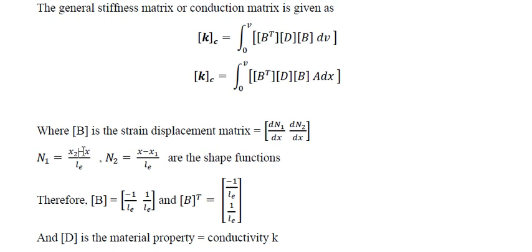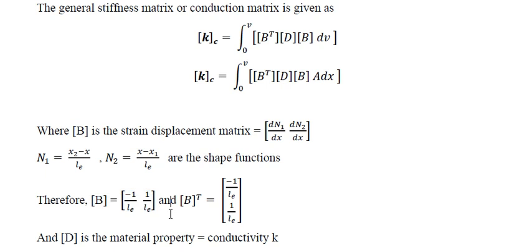The derivative of x2 with respect to x is 0. The derivative of minus x is minus 1, and 1 by Le remains constant. Now the derivative of x is plus 1.